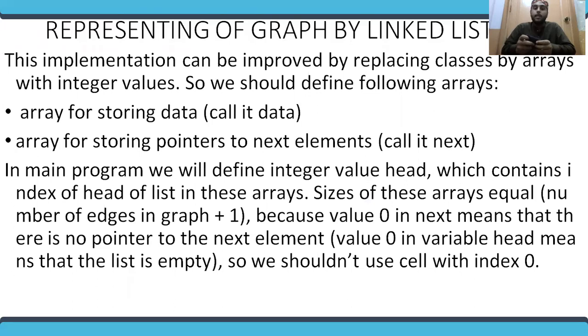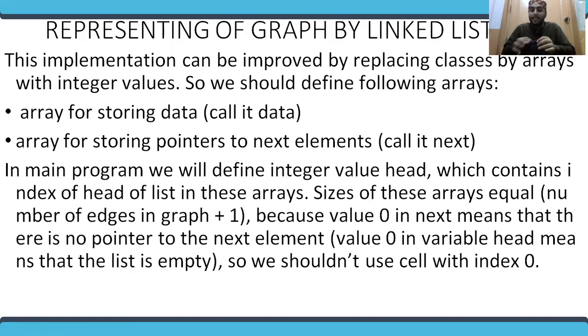The implementation can be improved by replacing the classes with arrays of integer values, which we should define. An array for storing data, call it data. An array for storing pointers to the next element, call it next. In the main program we will define an integer value head, which contains the index of the head of the list.